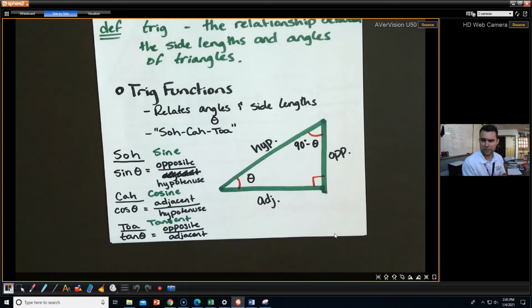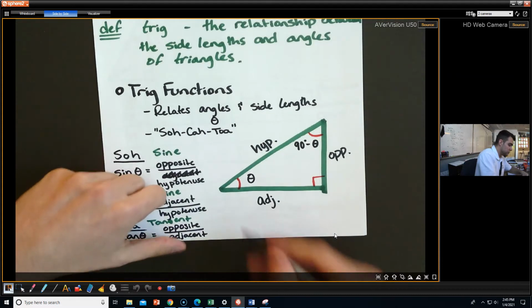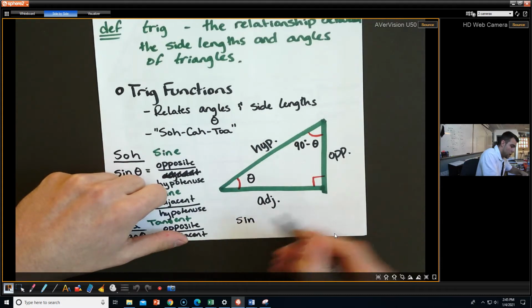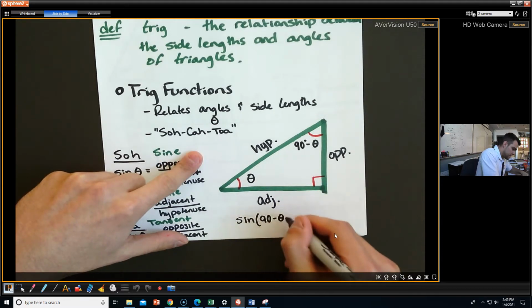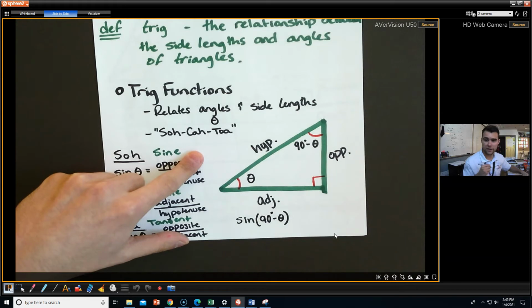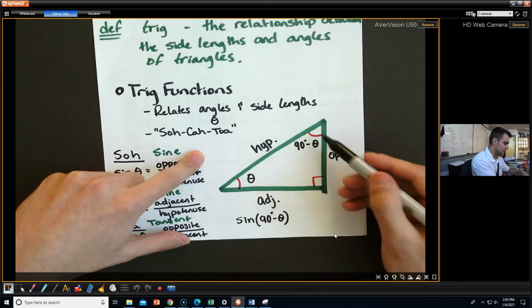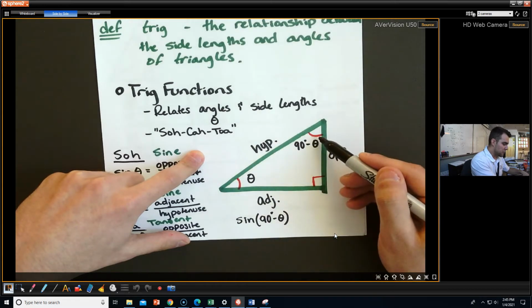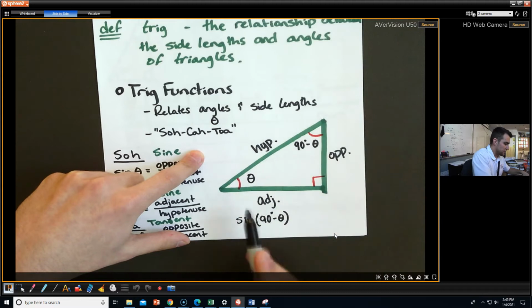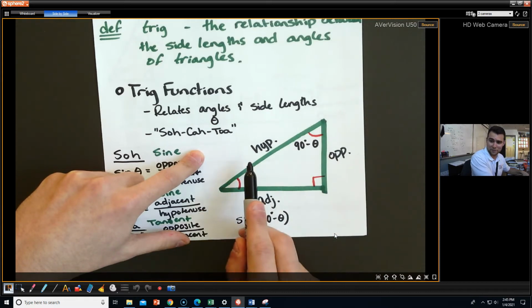And that brings up something interesting, because if I do sine of 90 degrees minus theta, well, that would be the opposite over hypotenuse if it's sine, but that would be the same thing as if I just did cosine theta, adjacent over hypotenuse, right?